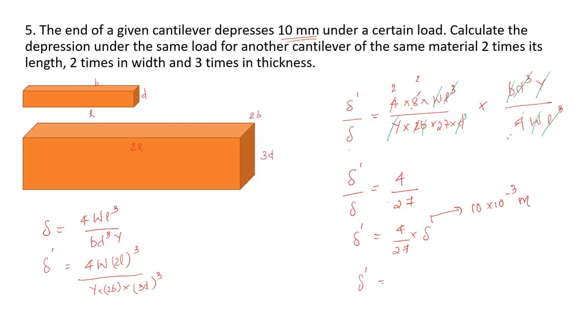Therefore, delta dash is 4 by 27 into 10 into 10 to the power negative 3, and the answer is 1.48 millimeter. So the depression delta dash is 1.48 millimeter. In the first case it was 10 millimeter, but in the second case it is 1.48 millimeter, which is very much less than that of the first case.